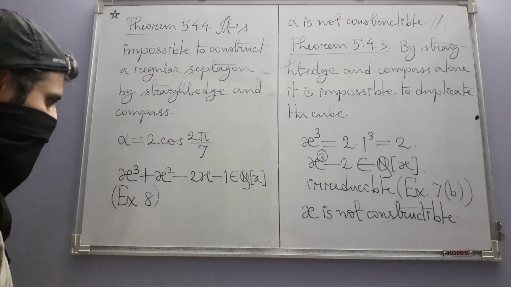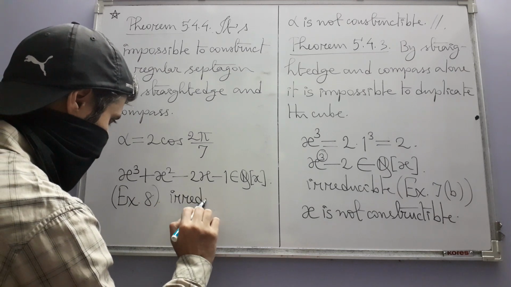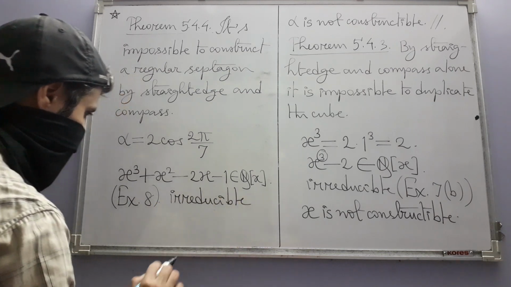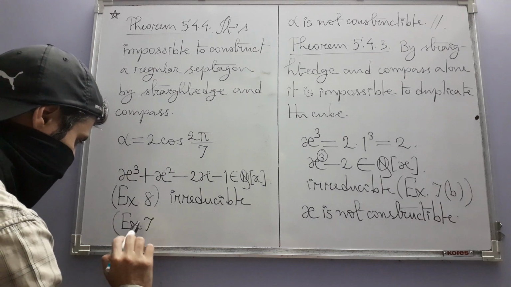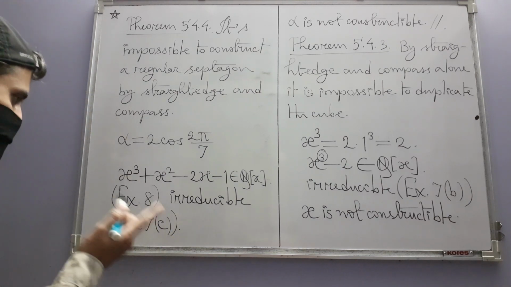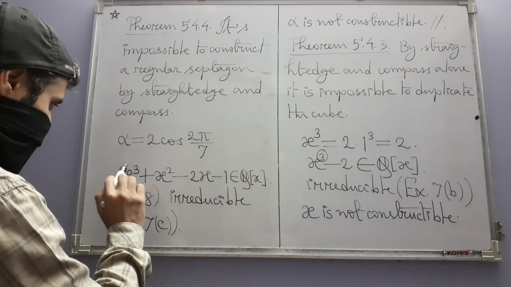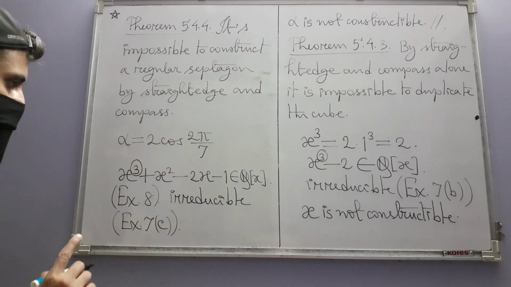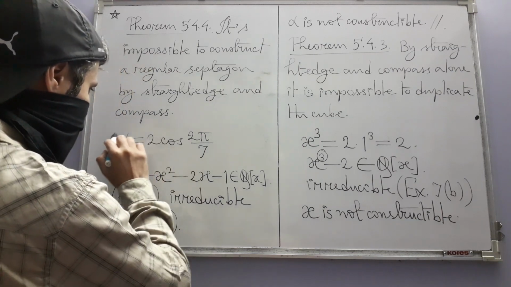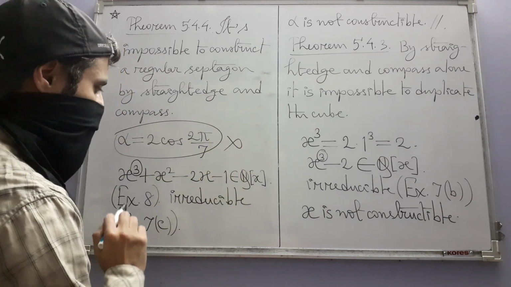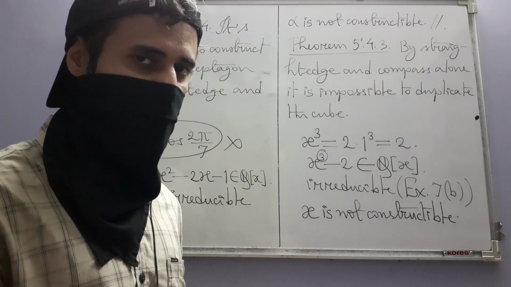So we will see that there, and of course additionally this is irreducible over Q, and that one is exercise 7C. Again, because of its irreducibility and because of alpha being a root of this, and because the degree is 3, which is not a power of 2, the second corollary to theorem 5.4.1 implies that alpha is not constructible, and as a result a regular 7-sided polygon cannot be constructed using only straightedge and compass.